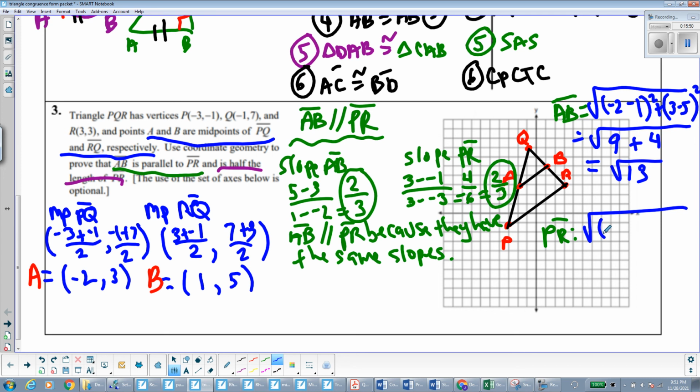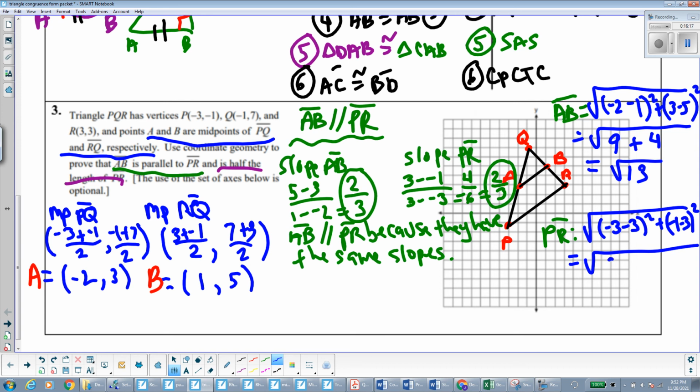Okay, let me plug points P and R into the distance formula. So the x coordinates are 3 and -3. And the y coordinates are -1 and 3. Remember to bring down your radical. -3 minus 3, that is -6.